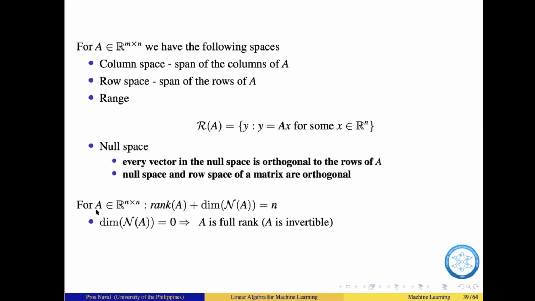For an n by n square matrix A, the rank of A plus the dimension of the null space is equal to n.